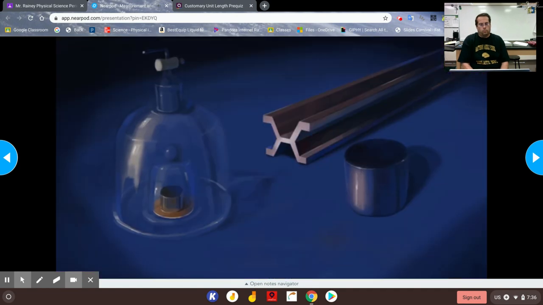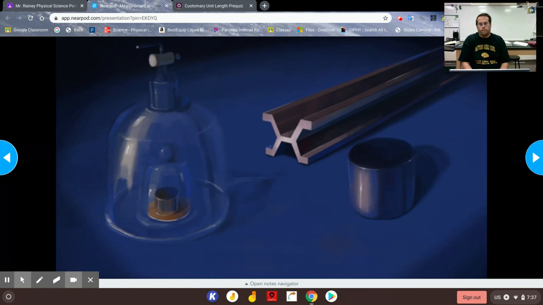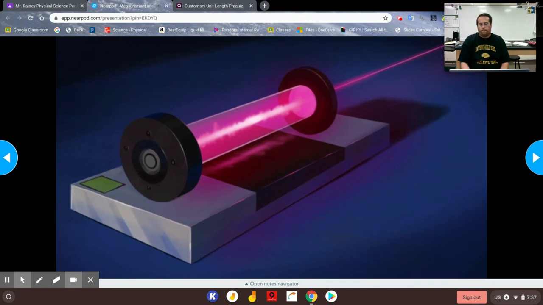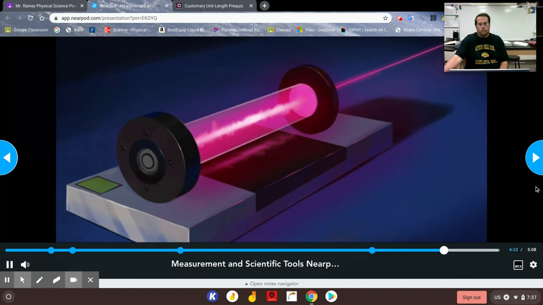For a long time, standard units were actually defined by carefully maintained physical prototypes, but thanks to improving technology and precision, these objects with limited access and unreliable longevity are now being replaced with standards based on universal constants, like the speed of light.